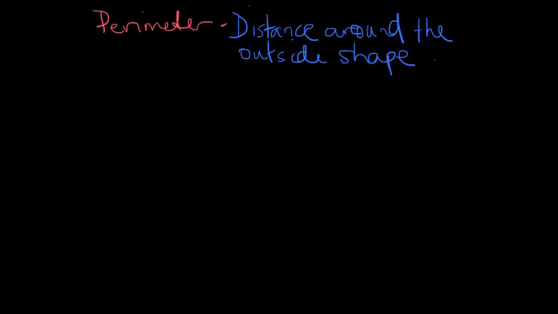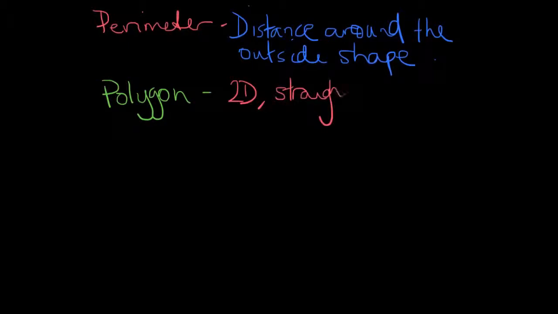I wanted to introduce you to one particular definition, and that is this word over here. This word, polygon, is going to crop up time and time again in this unit, and it's really important for you to understand what it means. All a polygon is, is a two-dimensional plane shape that's got straight edges and vertices.